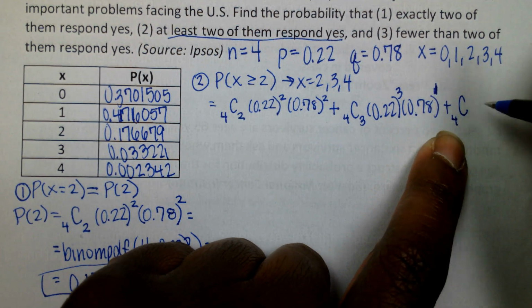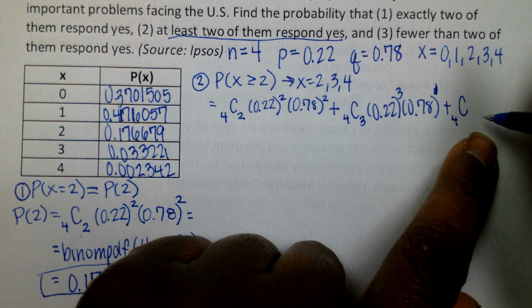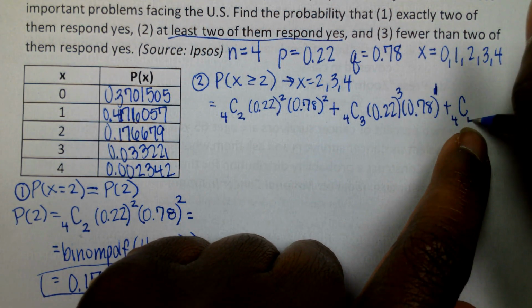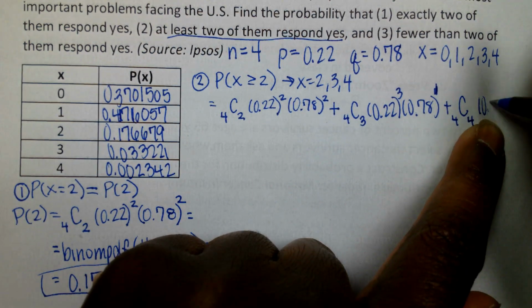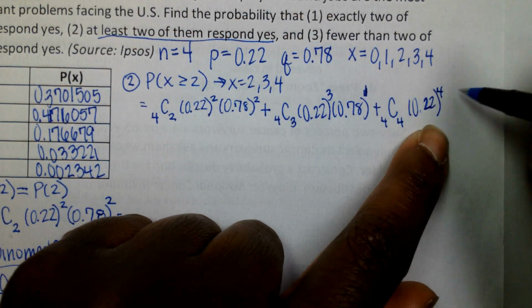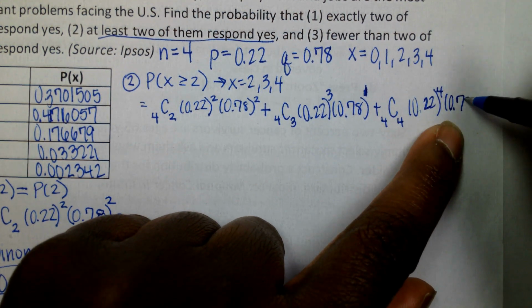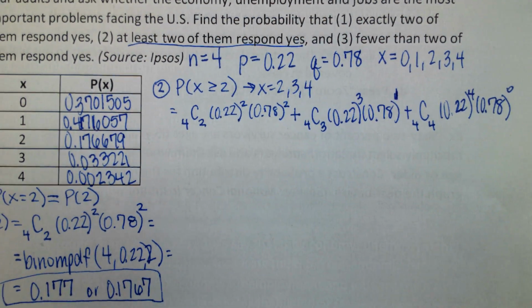4 C 4. Now if you don't want to do the manual way, just hang in there, I'll get to your way in a minute. 4 C 4, 0.22 to the 4, 0.78 to the 0. That's what you're working with.